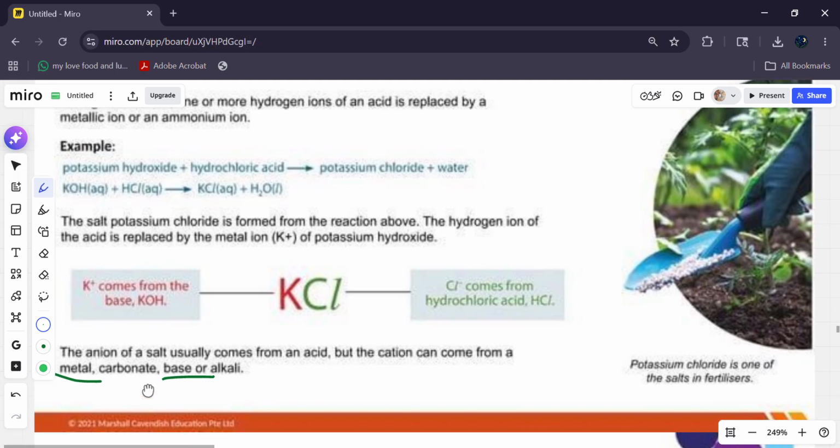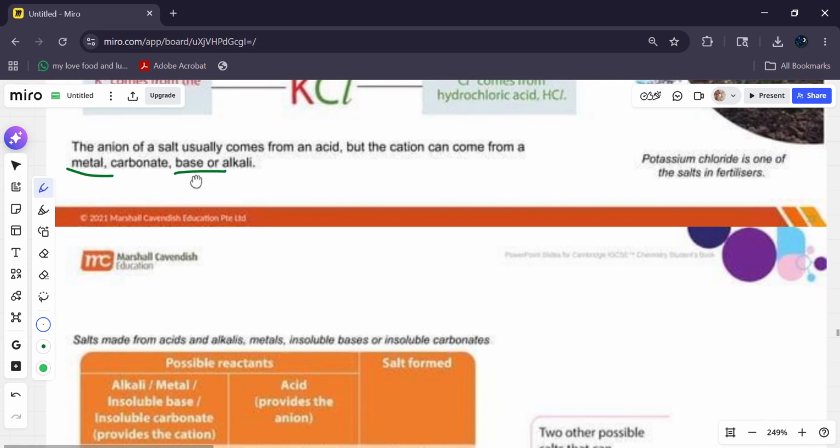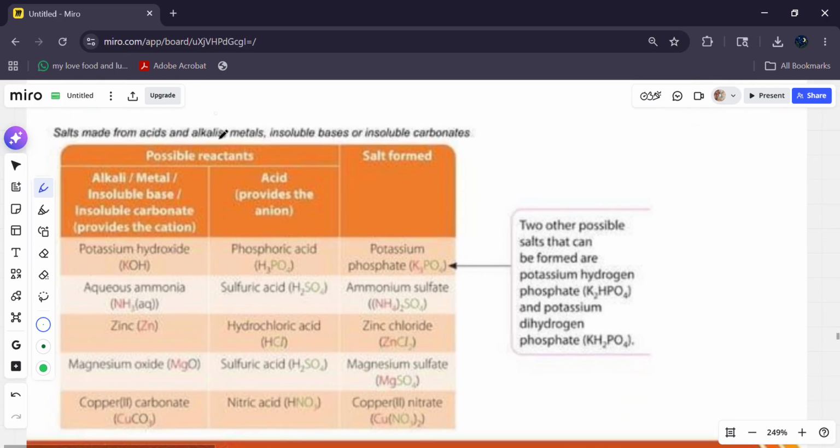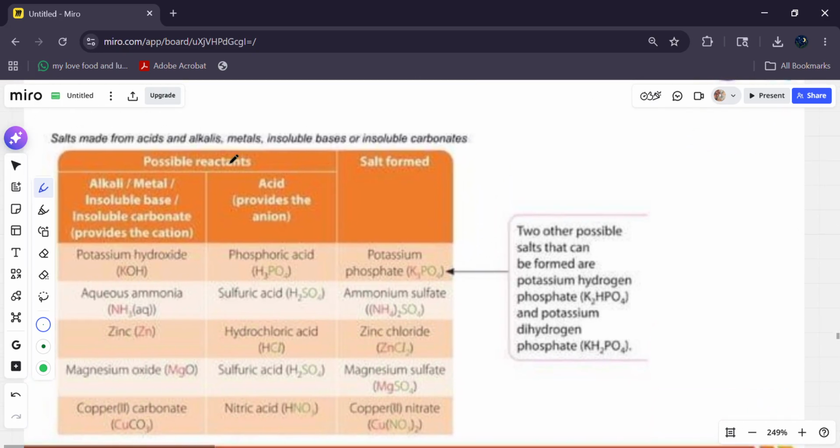Now, let's move on to salts made from acid, alkali, metals, and insoluble salts. This is complicated, but you will also need to memorize this if you want to understand the topic. Alkali, metal, insoluble bases and insoluble carbonates provide the cation, the acid provides the anion, and the salts are from potassium hydroxide, aqueous ammonia, zinc, magnesium oxide, and copper carbonate. If you notice, all these alkali, metal, or insoluble base provide the cation, and the acid provides the anion, which is a negative ion.